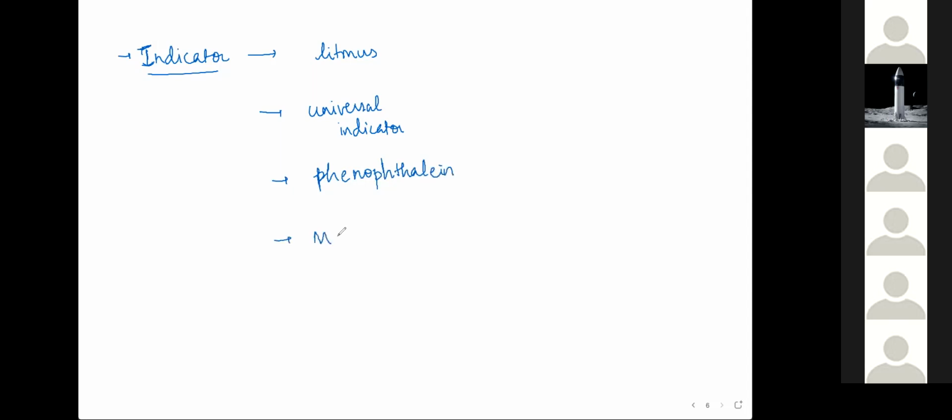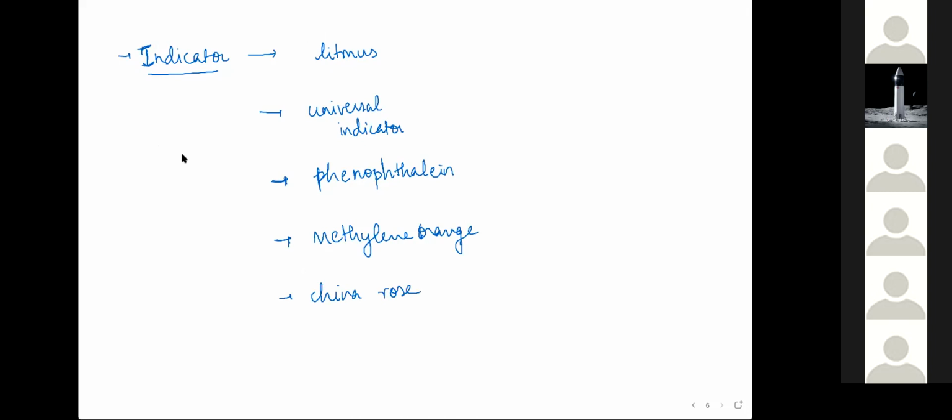Then you have methylene orange. Sorry, methylene orange. Methylene blue is a different thing. What other indicators? These are all visual indicators. China rose. Yeah, Shakti, you were mentioning? China rose. China rose is one. That is another one that changes colors.